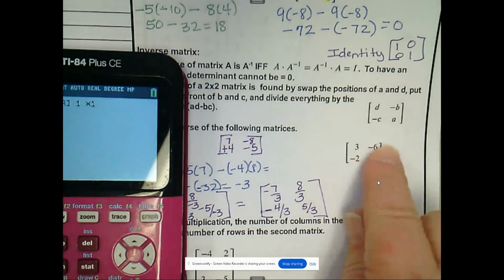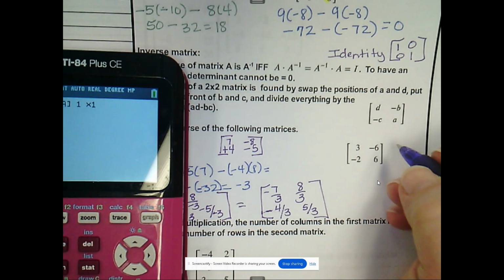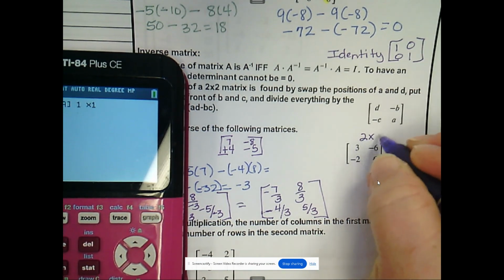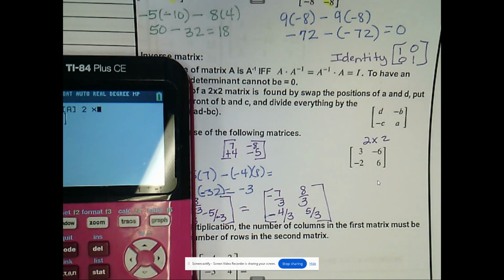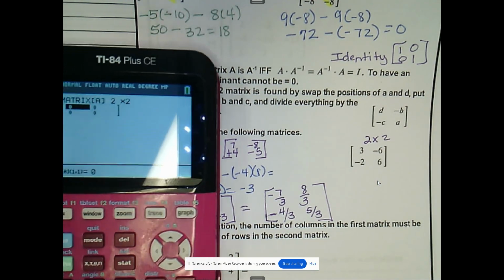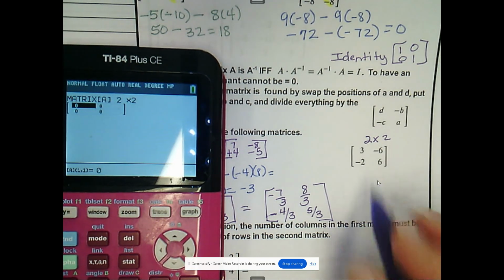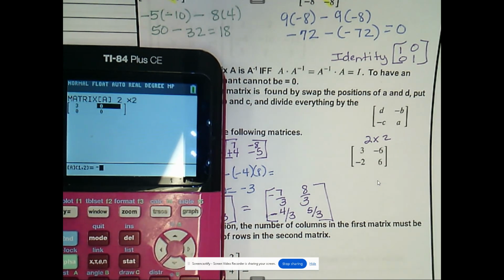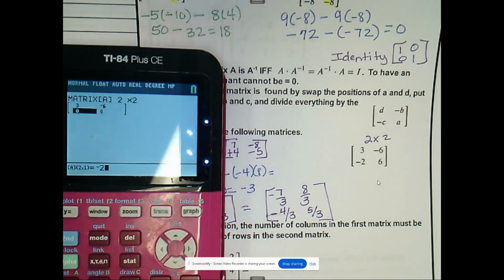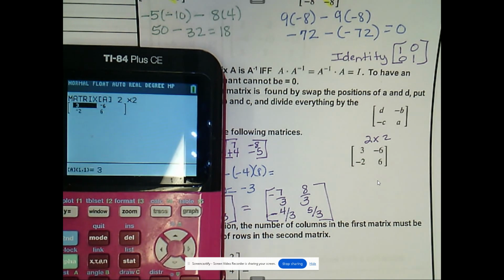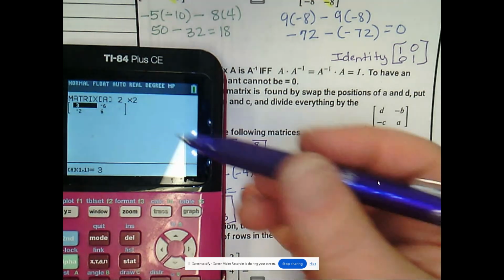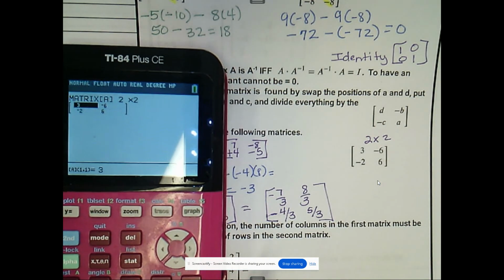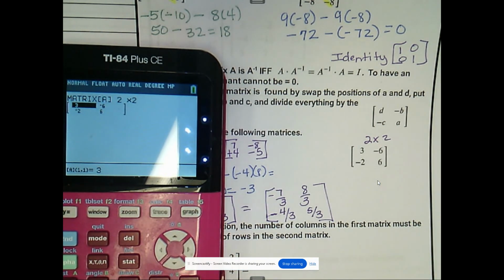Okay, this is a 2x2 matrix. 2 rows, 2 columns. Okay, put the numbers in. 3, -6, -2, +6. Make sure you hit enter after all of them or it will keep that last number that was there before. This is where it becomes clunky.